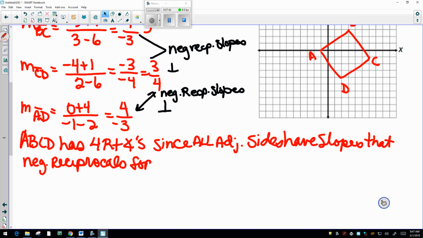And those form perpendicular lines. Now, that's not enough.